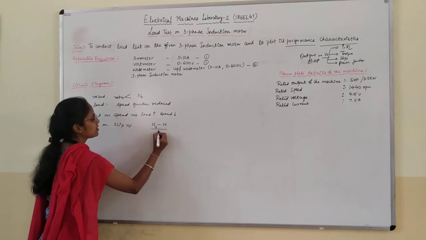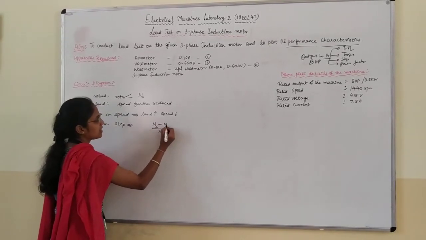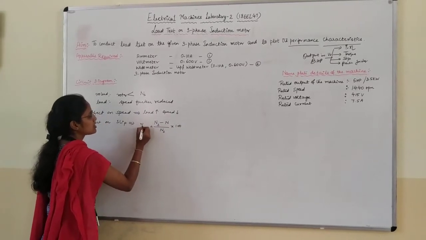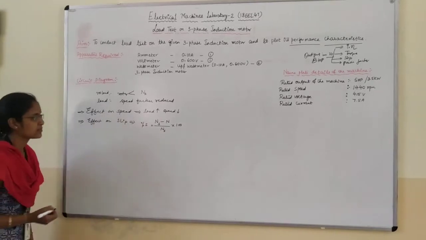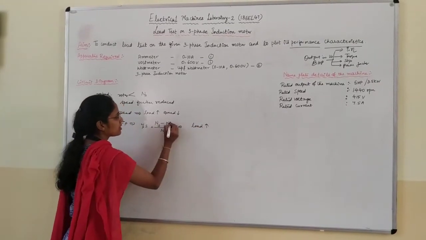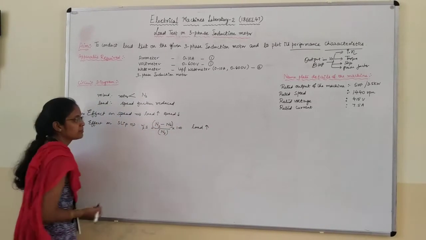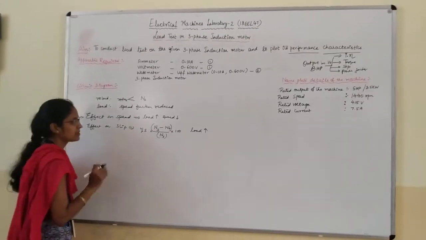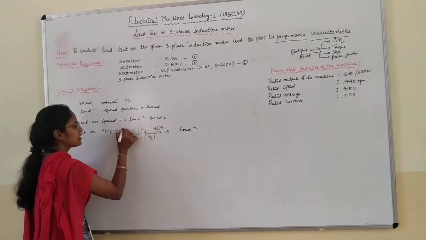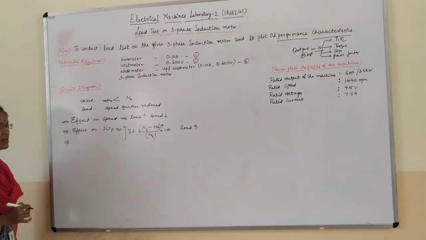So when you take the ratio of the relative speeds, Ns minus N divided by Ns into 100, that gives you the slip, percentage S. As I told you, when you increase the load, the speed of the rotor decreases. Keeping in mind that the synchronous speed is constant, the difference of the two will keep increasing. Due to that, the slip value will also increase. So this is the effect on the slip.